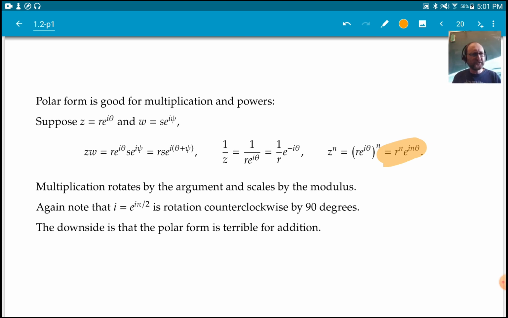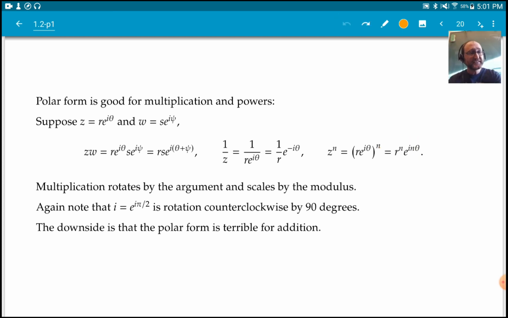If you multiply a whole bunch of numbers together in Cartesian form, you get longer and longer expressions, and writing down the nth power is an ugly expression, where it's really easy in polar form. So if you have to multiply a lot, use polar form. If you have to add a lot, use Cartesian form. Maybe that's one moral of this story.